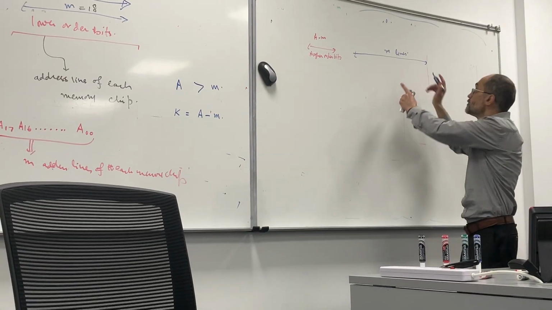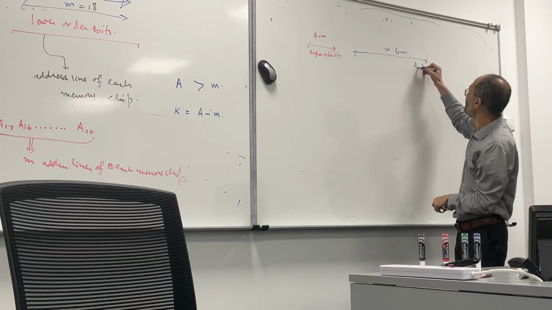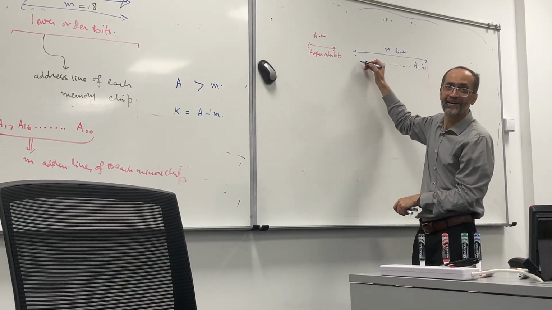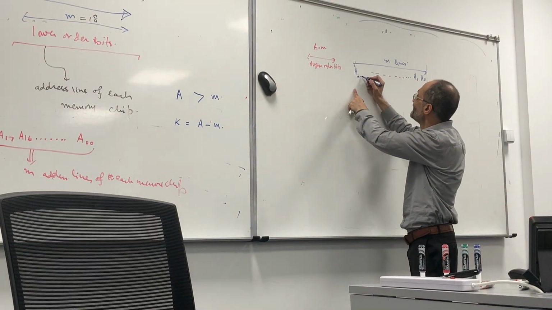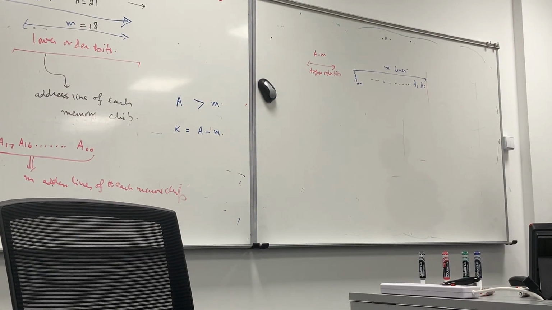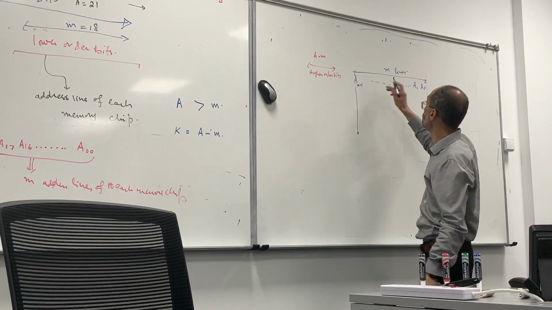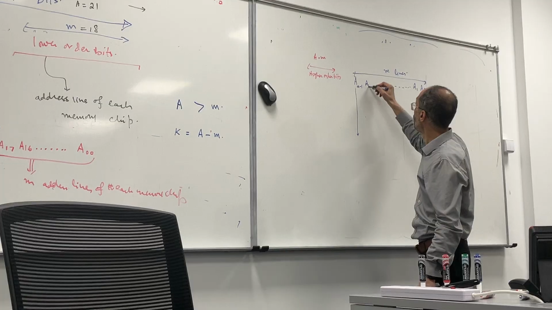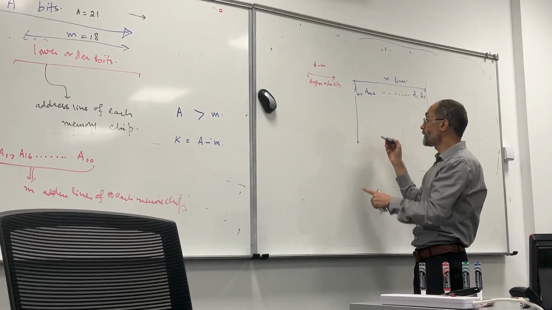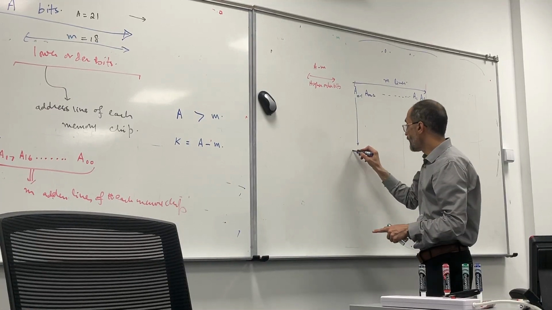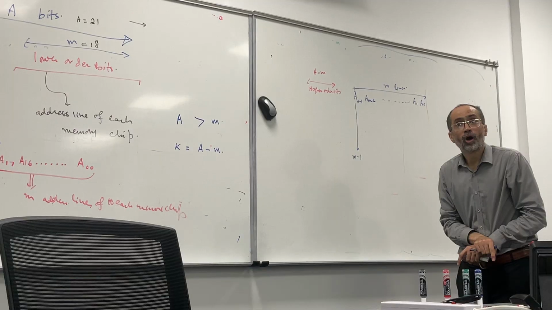Since there are M lines, can we start from A0, then A1, and so on, up to A M minus 1? A M minus 1 will be connected to the M minus 1 line of each memory chip.